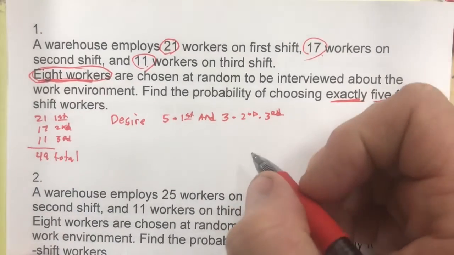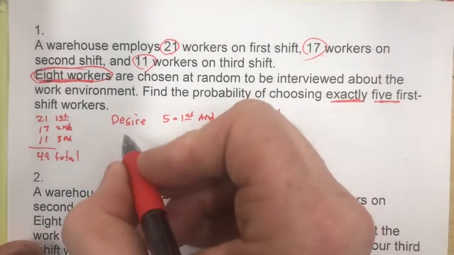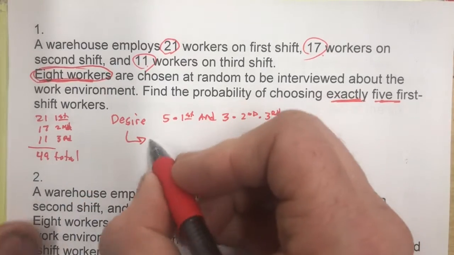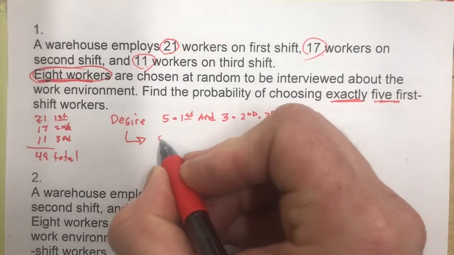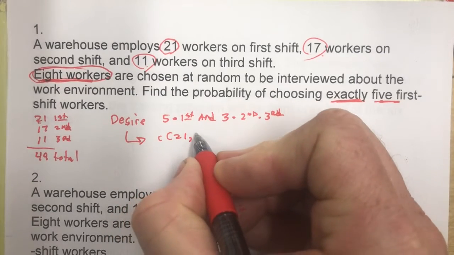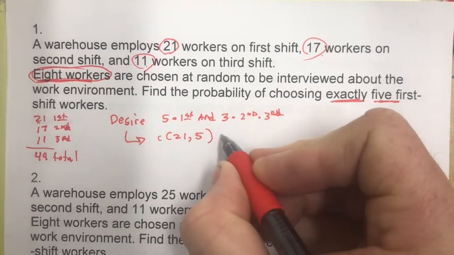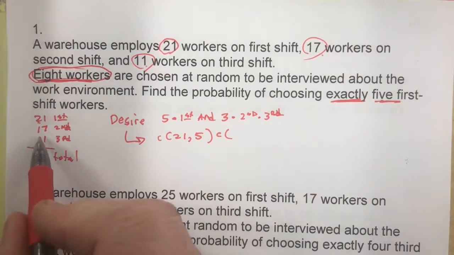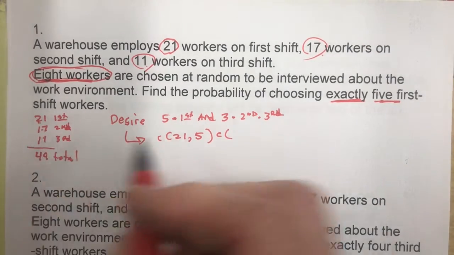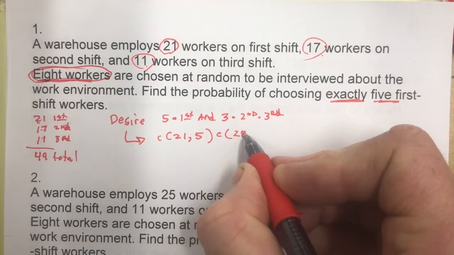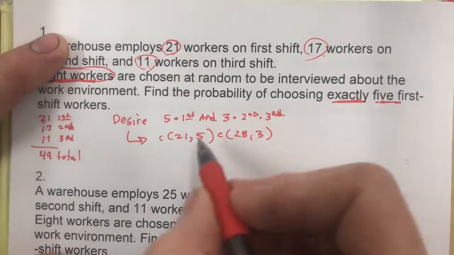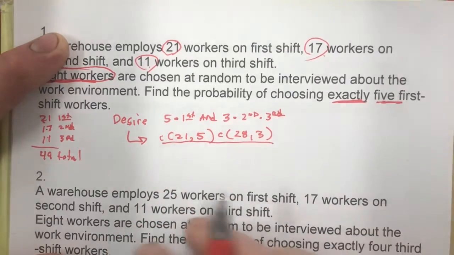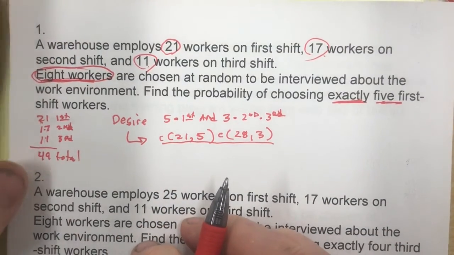Okay, so that's what I desire. Now, how do I do that? Of the 21 first shift workers, I desire 5 of those. And of the 17 and 11, that's 28 other workers that are not first shift, I have to have 3 of those. And that's what's on the top for my desired.